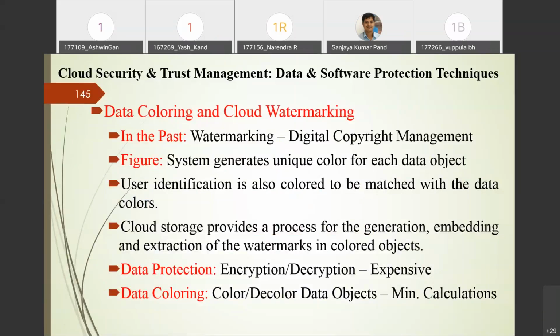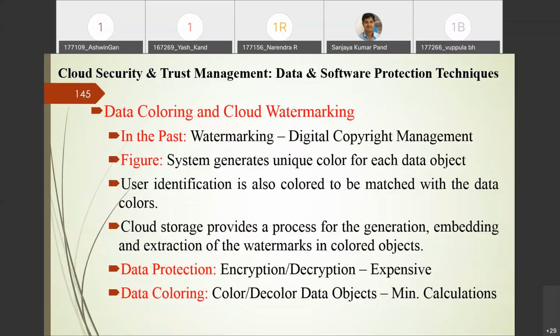The identity of the user can also be mapped in the form of color. So you have to claim that this is the color assigned to the user identification, and this is the color assigned to the data object. Only if both are matched can the data be retrieved. Otherwise, it is not possible.